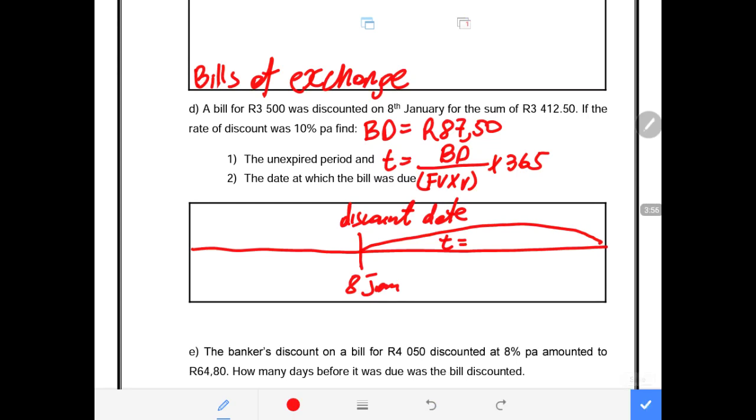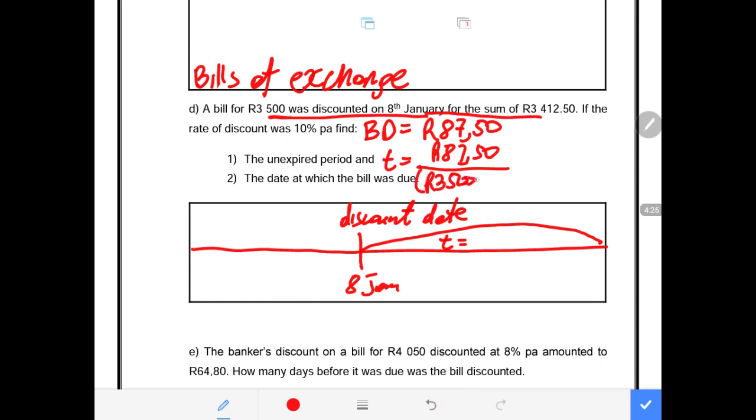So now let us calculate our unexpired period, because we have all the numbers to substitute in our formula. Our banker's discount is equal to 87 rand 50 cents, which we calculated by saying face value minus the cash value of the bill. Divide this by 3,500, the face value of the bill.